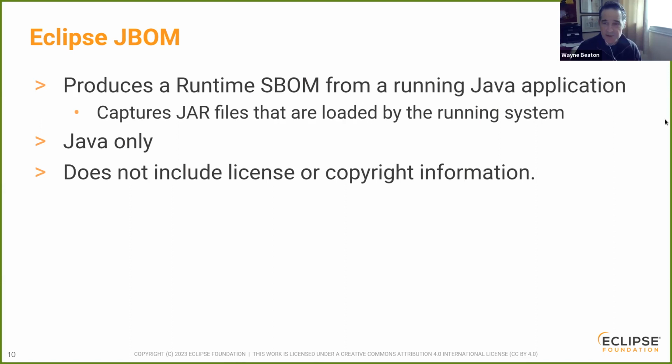It does not include license or copyright information. It really only does a good job of identifying the things that are actually used. This might actually be a fourth class of SBOM. We have repository, build, run, and product SBOMs.